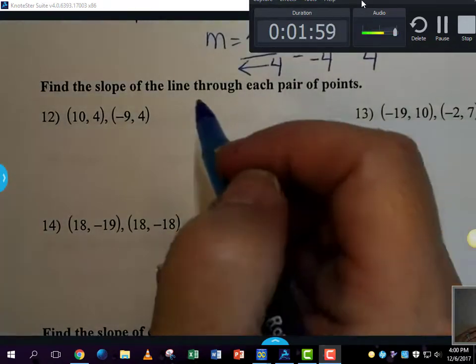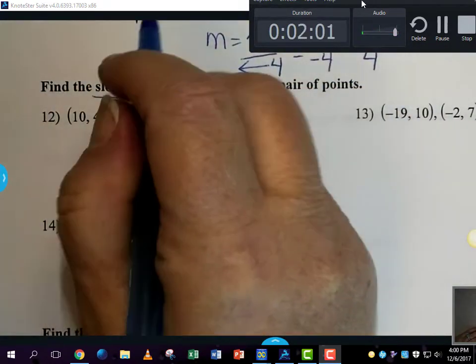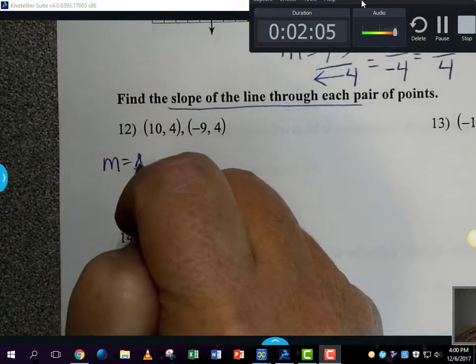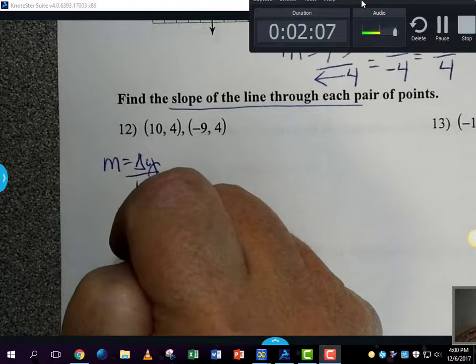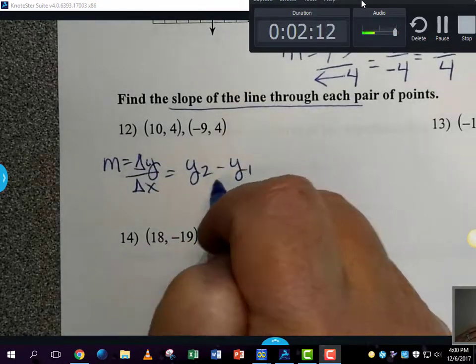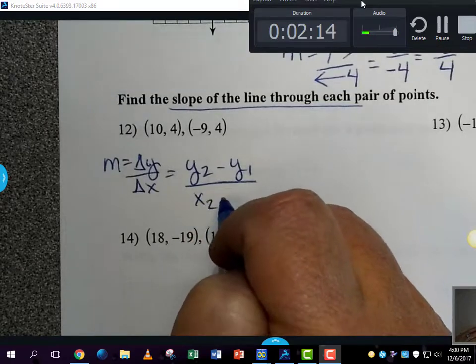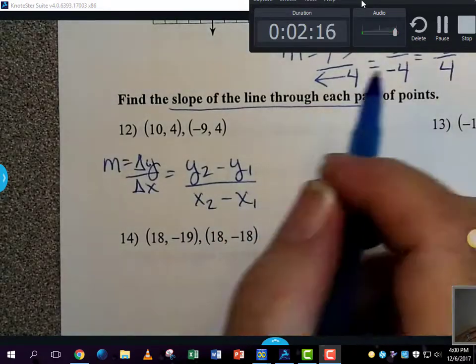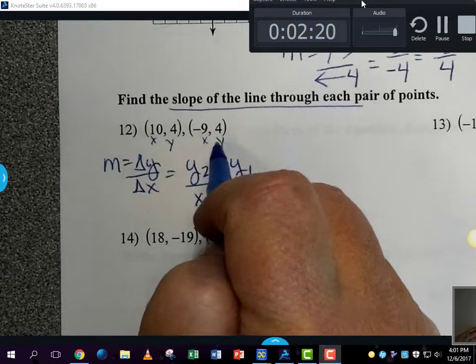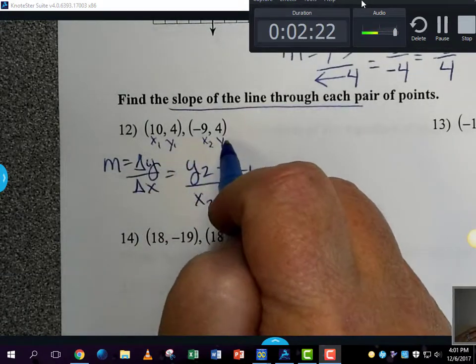Find the slope through each pair of points. So I need to use the formula m equals, I know it's the rise over the run, that's the change in y over the change in x. So that's y sub 2 minus y sub 1 divided by x sub 2 minus x sub 1. So I have my points x, y, x, y, I'll call these 1s, I'll call these 2s.